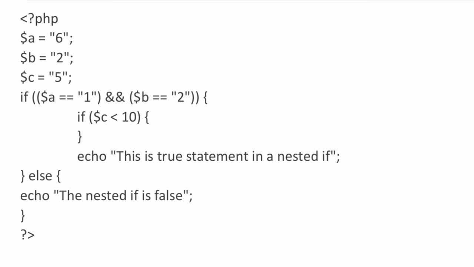In this case, we are saying if, and there are two parts to this first if. We are saying if $A equals 1, and, that's the double ampersand, it means and, that variable B equals 2.